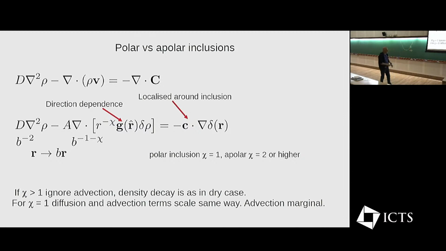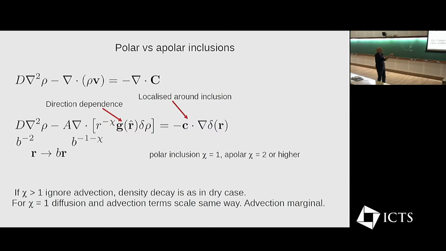The two cases to keep in mind are a polar inclusion, in which case the velocity field decays as r to the minus chi with chi equal to 1, or an apolar inclusion, in which case you don't need to hold on to it by a force, and the decay is as 1 over r squared.